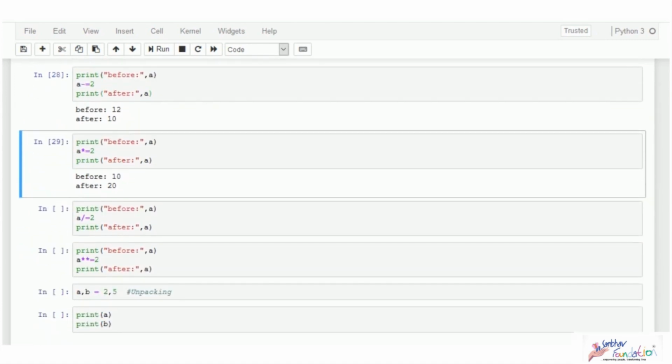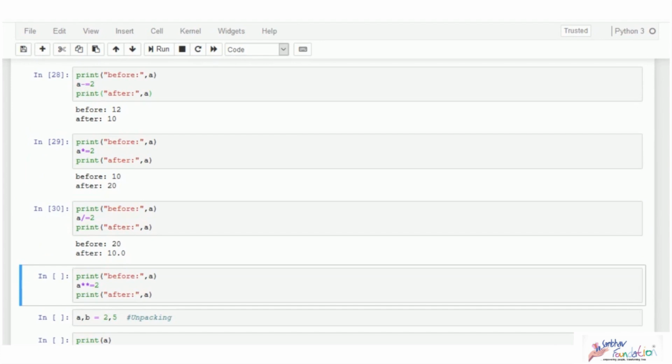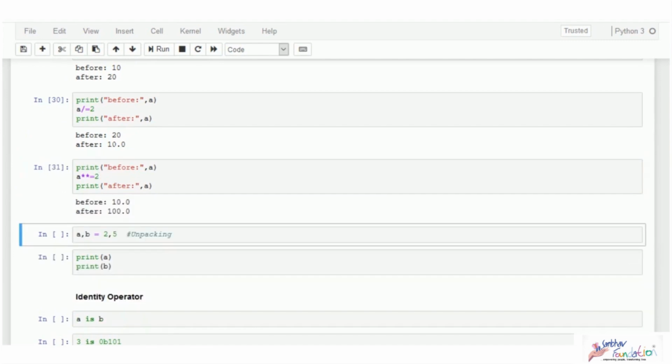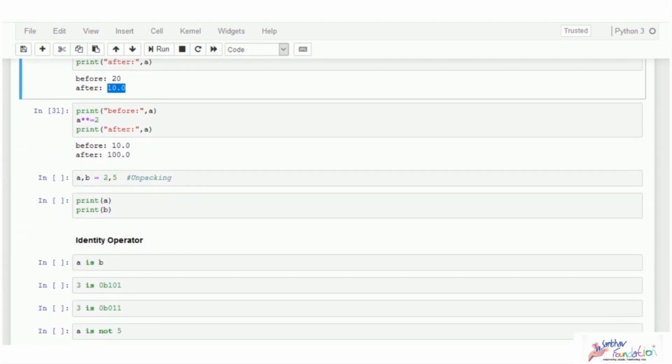We are storing all the results in A itself. Then we have division. This is nothing but 20 by 2, which is 10. And then we have the power or exponentiation. A got changed to 10 over here, so 10 power 2 is 100, right?